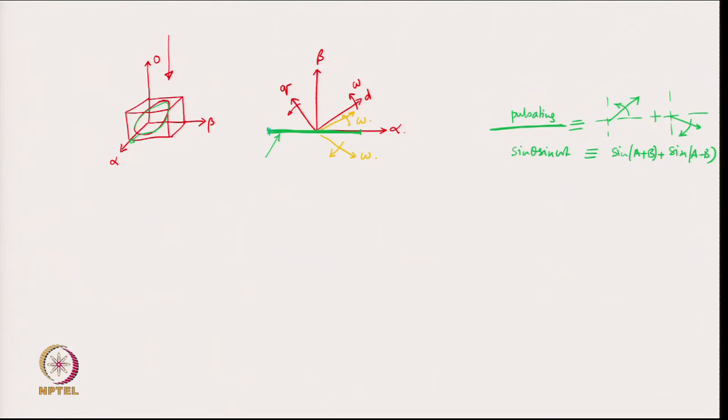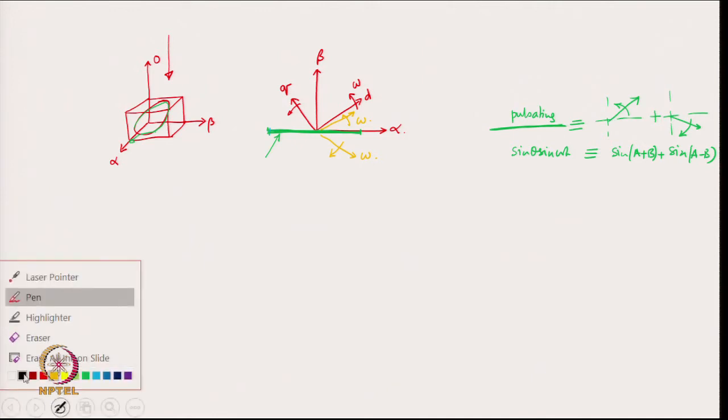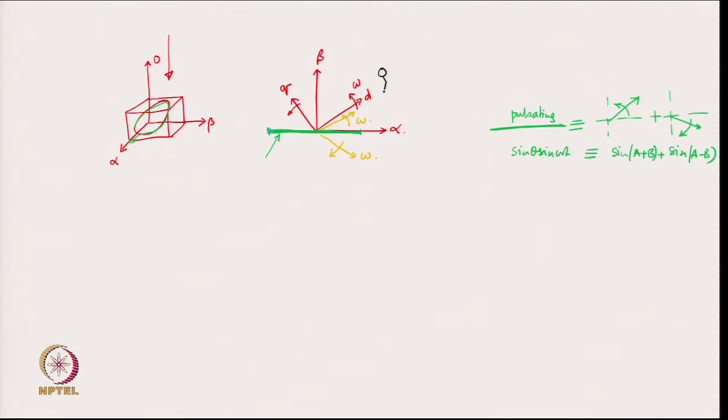So, if now you are an observer standing on the d axis and you are also rotating by omega, how will you observe these two waveforms, number 1 and number 2?